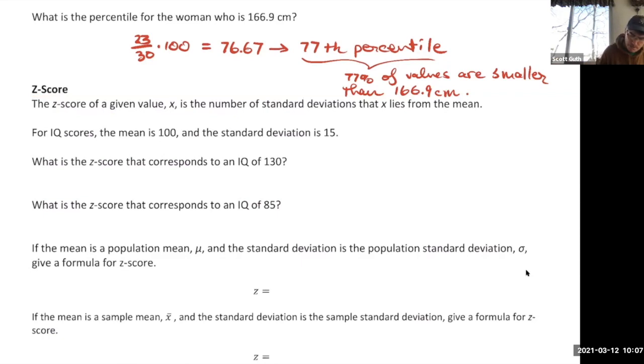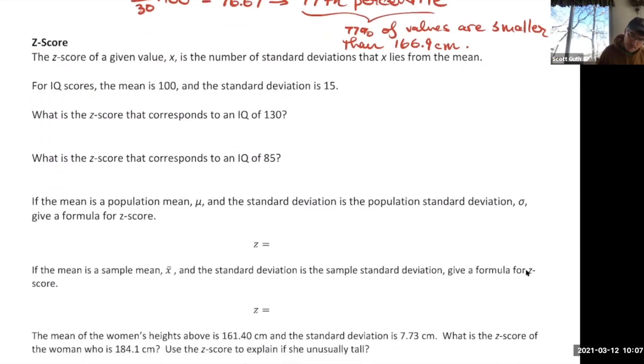So for IQ scores, the mean is 100 and the standard deviation is 15. So what's the z-score of an IQ of 130? How many standard deviations is that above the mean? Take the mean, which is 100.